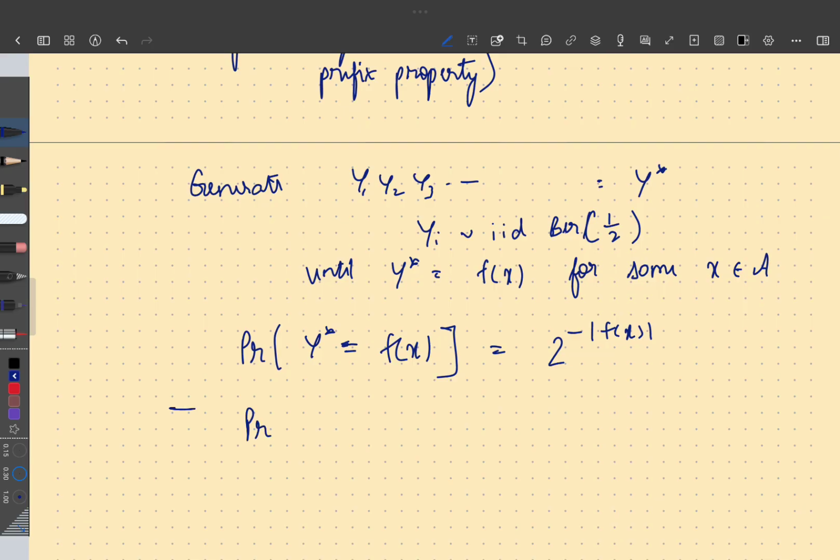Now one thing to note is that it's possible that you never hit any of the symbols. With positive probability, you are going to hit. So for every symbol, the probability of reaching that symbol is positive. It's exactly equal to 2 to the power minus length of f of x.